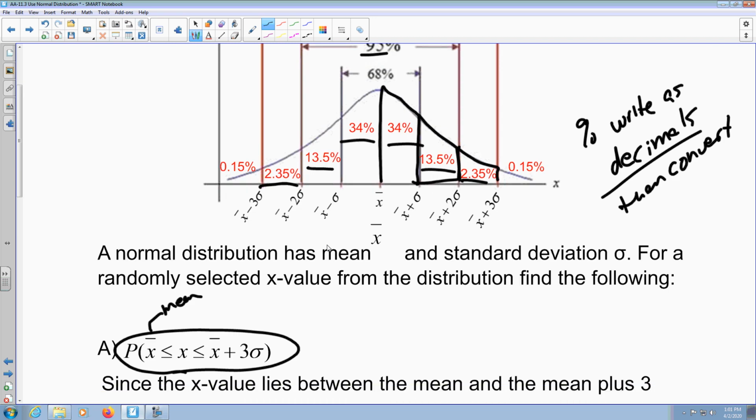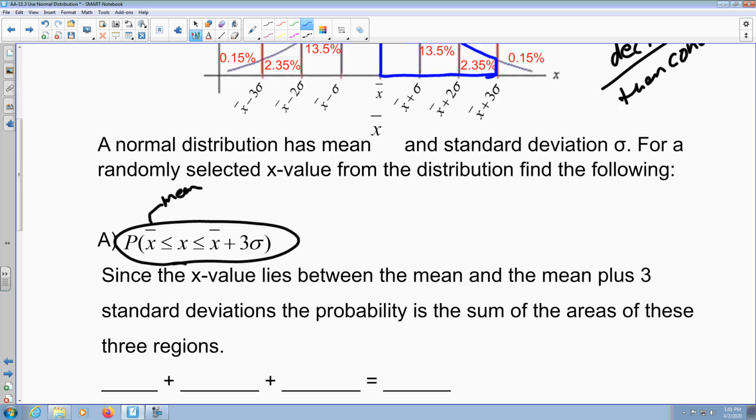In this particular instance, here, I'll erase this to give you a better idea. So for this one, it's going to be here to here. All of this lies between the mean and three times the standard deviation of that mean. So you're just going to add up those three values.